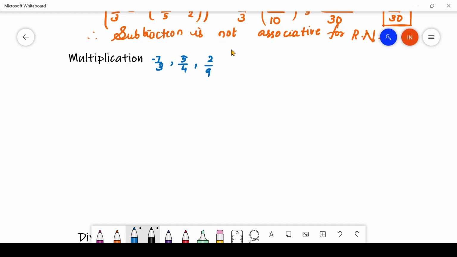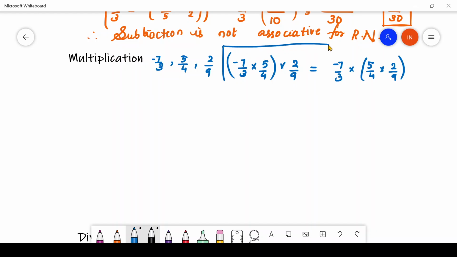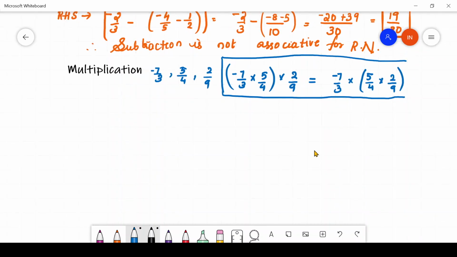What we have to check is negative 7 by 3 multiplied with 5 by 4 inside the bracket, and that multiplied by 2 by 9, is equal to negative 7 by 3 multiplied with, inside the bracket, 5 by 4 multiplied with 2 by 9. This is the condition we have to achieve if multiplication is associative for rational numbers. Let us see whether this is getting or not.